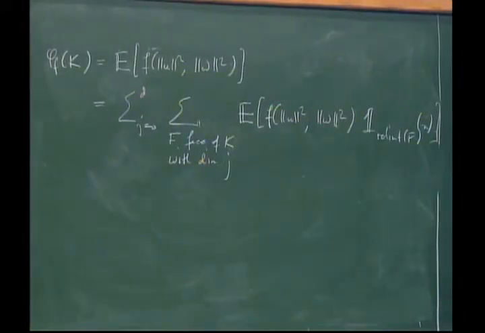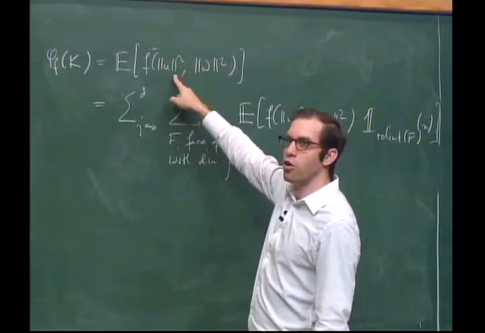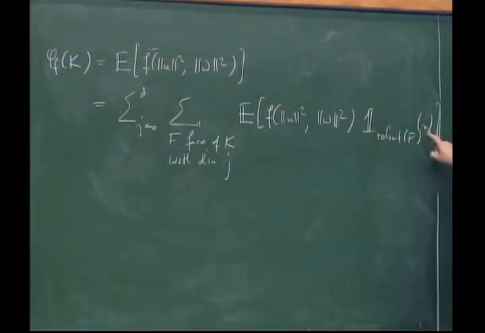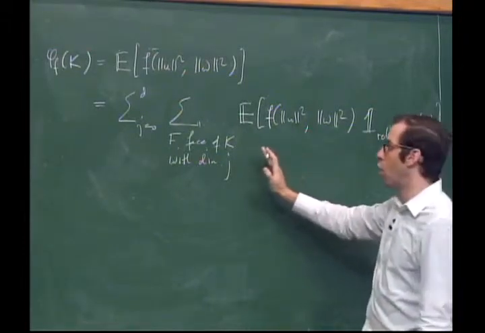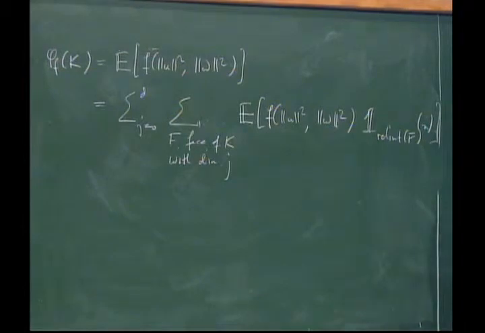So we're taking this integral, and we are splitting it up depending on where u is. So if u projects onto a specific face, we're going to break that piece out. And then we're going to add up over all of the faces with dimension j, and we're going to add up over all possible dimensions for those faces.